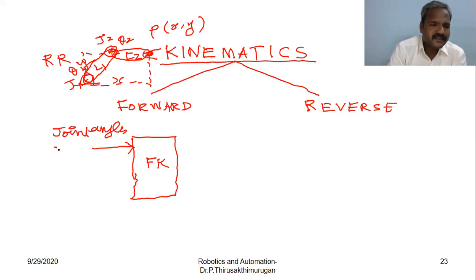Simple forward kinematics means joint angles are given, theta 1, theta 2, up to theta n.